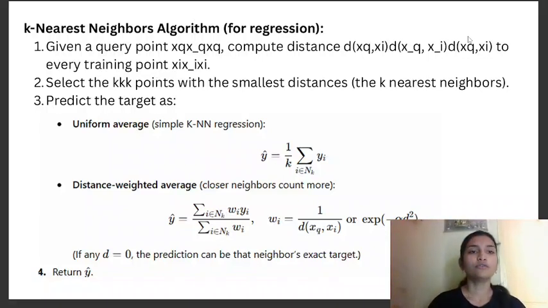So, firstly, given a query point xq, compute the distance d(xq, xi). Okay, so we will find the distances using Euclidean distance. Select the K points with the smallest distance. Predict the target. Here are the uniform average formula and the distance weighted average.